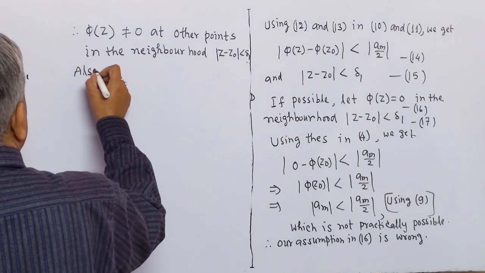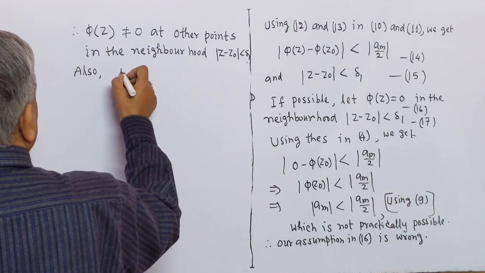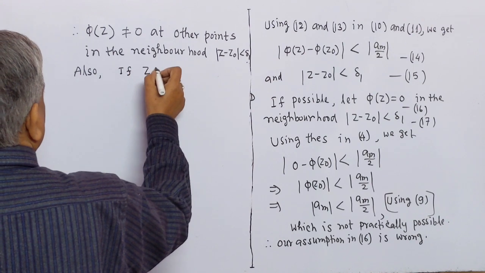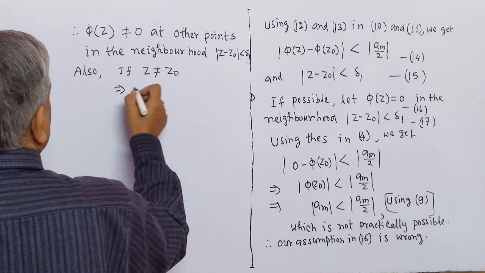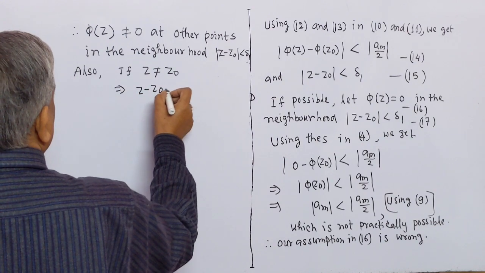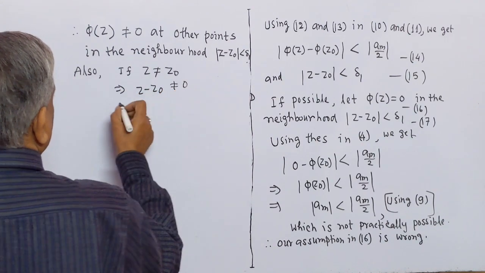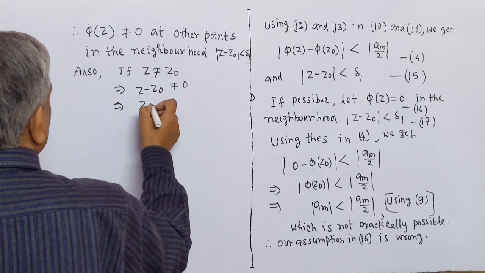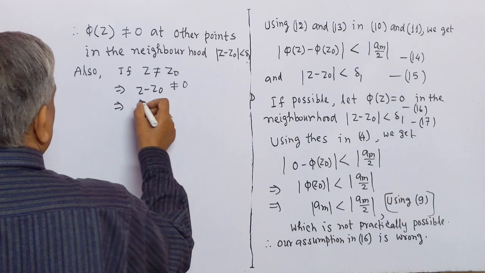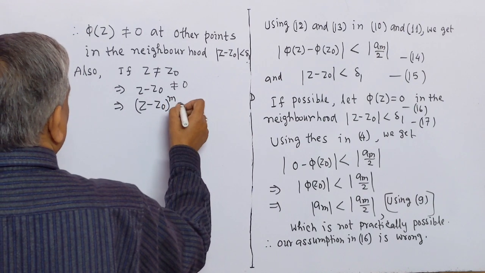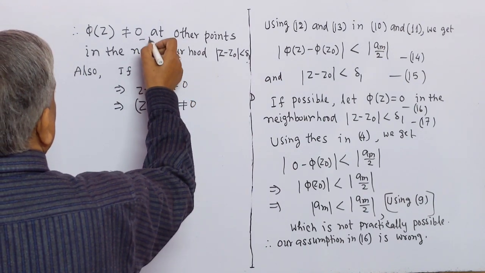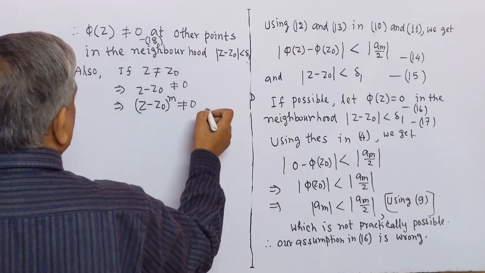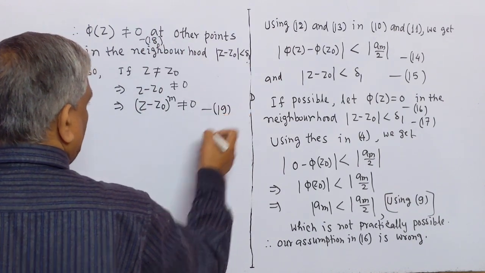Also, if z not equal to z0 implies that z minus z0 not equal to 0 implies that (z minus z0) to the power m not equal to 0. Let this is number 18 and this is number 19.